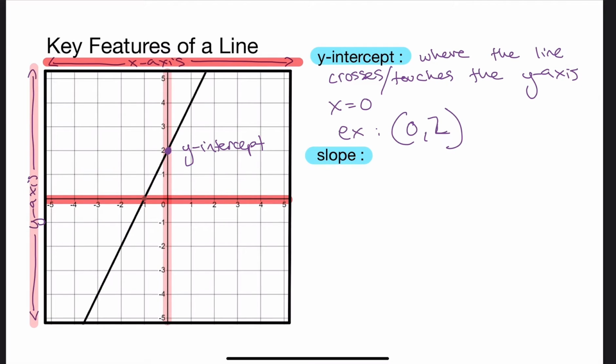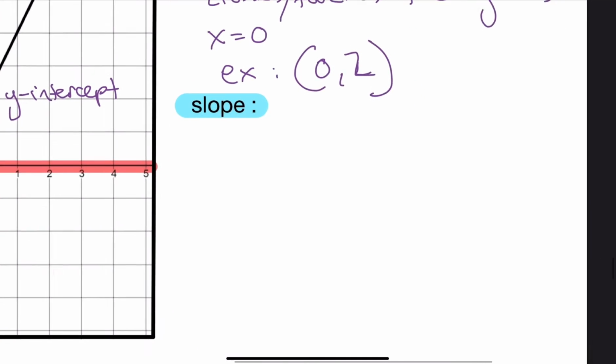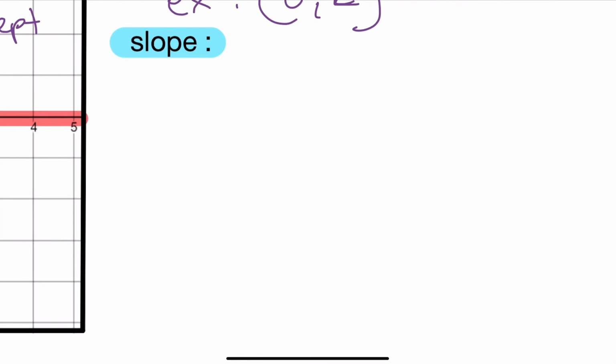Let's talk about our slope. Now, our slope is going to be a little bit more complicated. It's got more stuff going on here. So I'm going to zoom in a little bit so we could get a closer look. Our slope is also known as our rate of change. Now, our slope is going to tell us how steep our line is going to be.